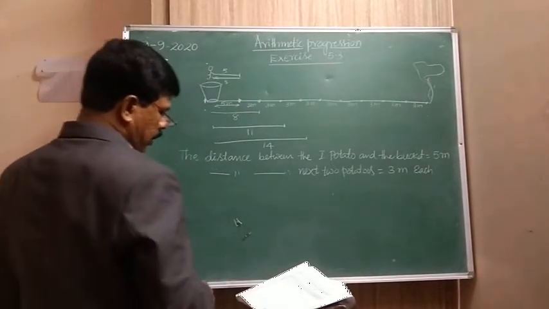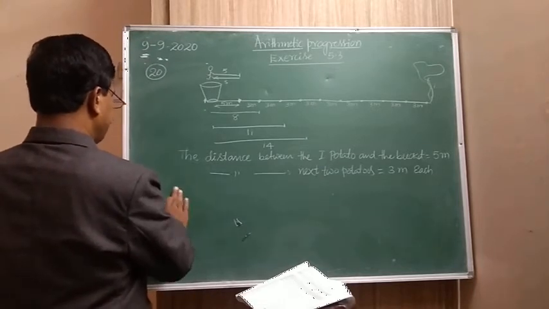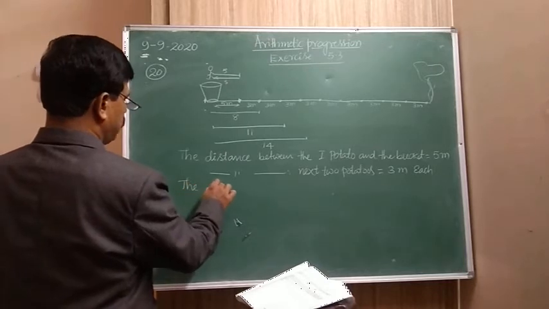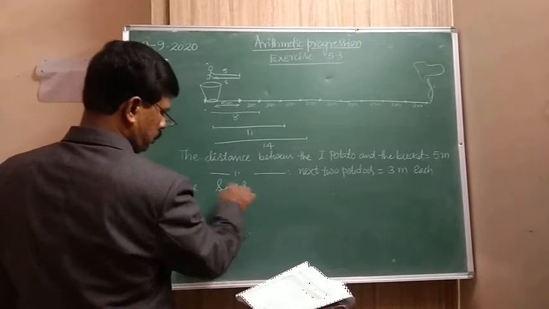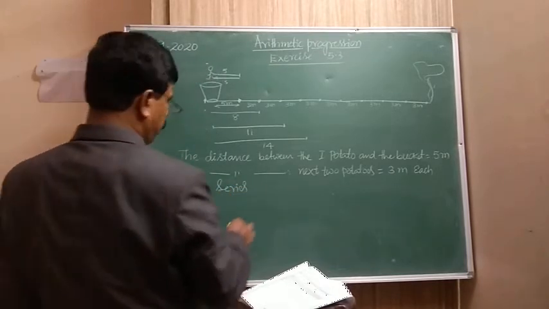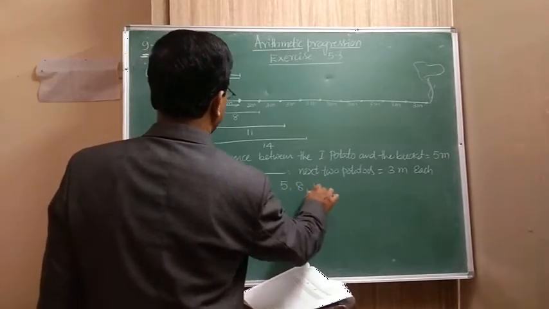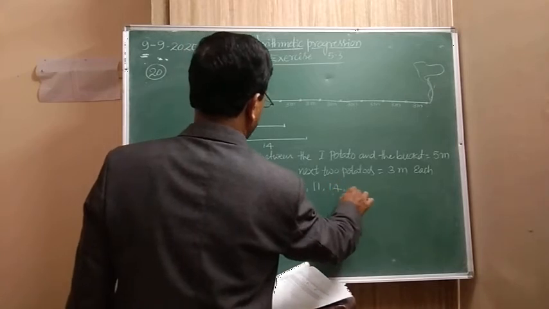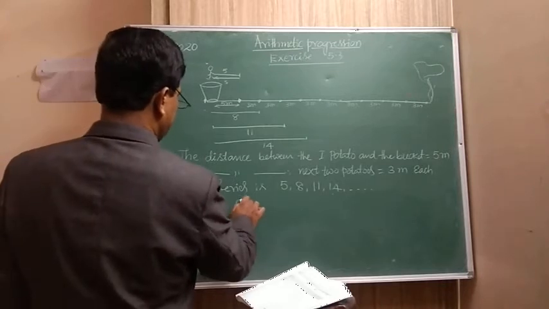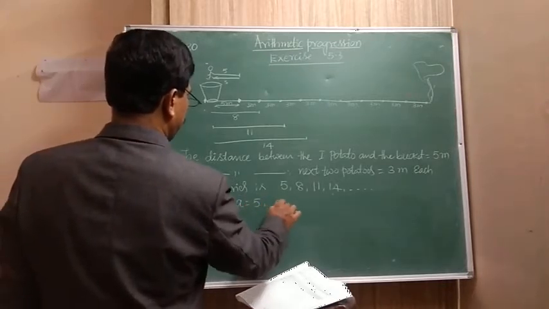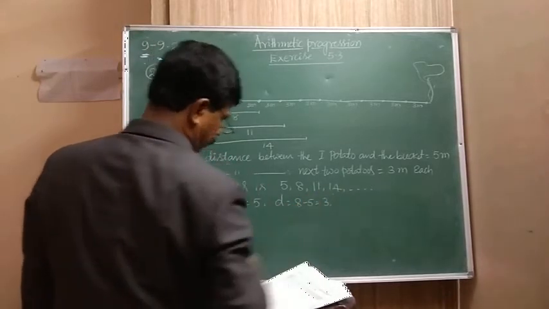Next, here the series, or AP you can write, the series is 5, 8, 11, 14, etc. Now a is 5, d is 8 minus 5, which is 3.